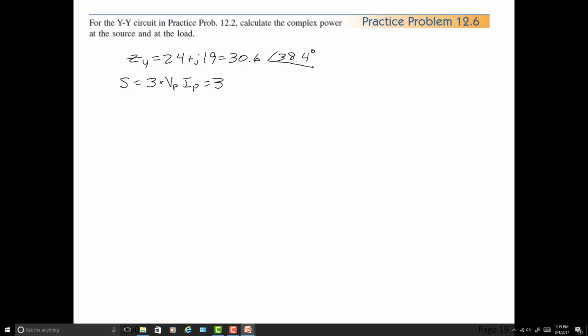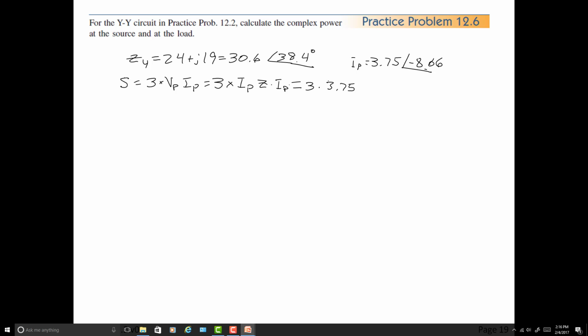This could actually be simply 3 times IP times Z times another IP, right? And if I do all that, I get 3 times, and it was 3.75 was the IP, 3.75 at an angle of minus 86.6 for one of the phases.